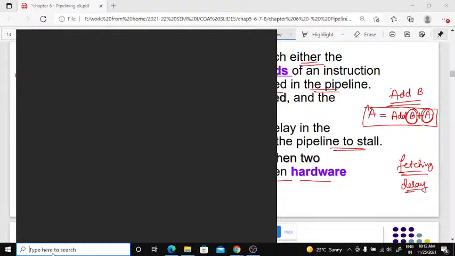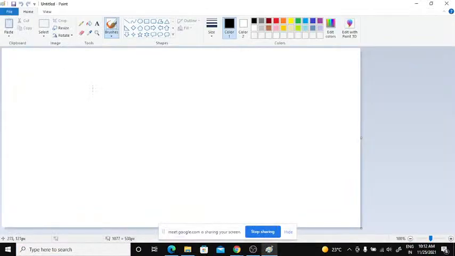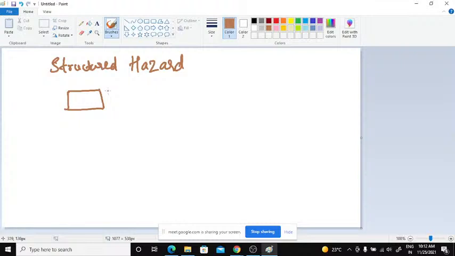For example, this is the instruction fetch, decode, execution unit, then write back.